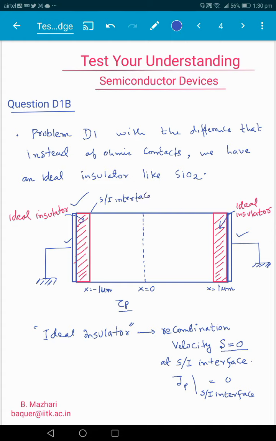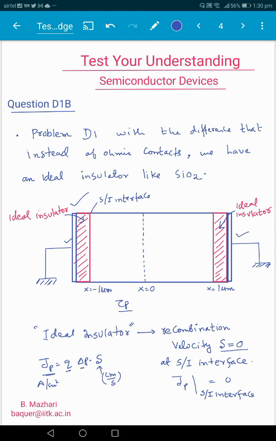We describe the recombination current at that interface. Let's say hole current will be equal to Q times excess carrier density times S, the recombination velocity. We call it velocity because it has units of centimeter per second. You can verify that J has units of ampere per centimeter squared, and Q times excess carrier density has units of coulombs per centimeter cubed.